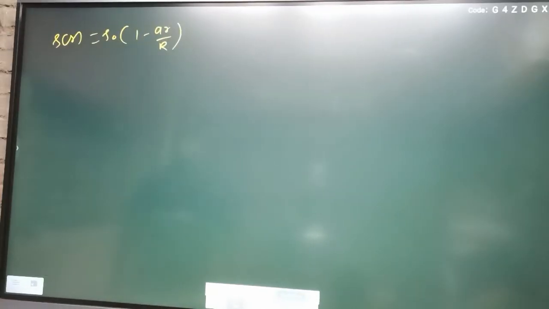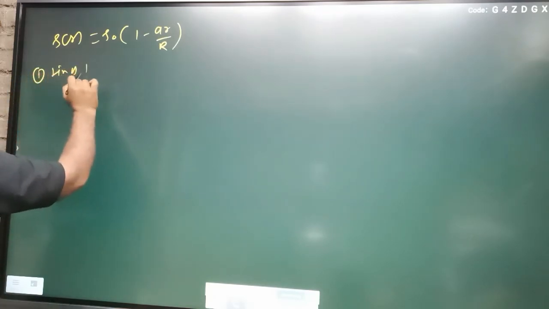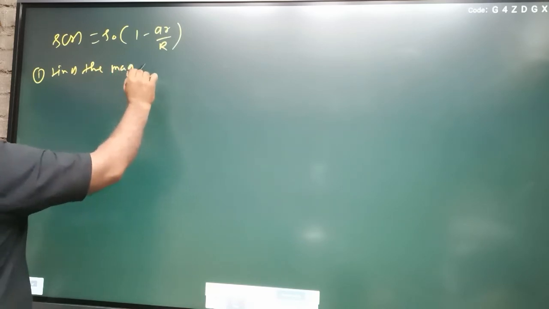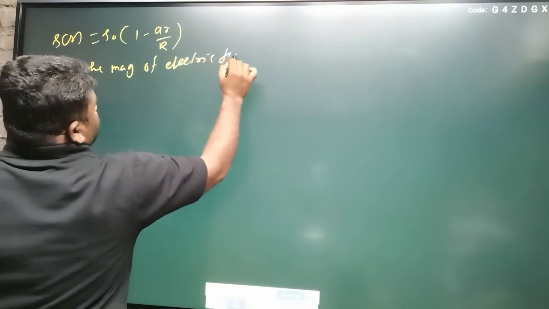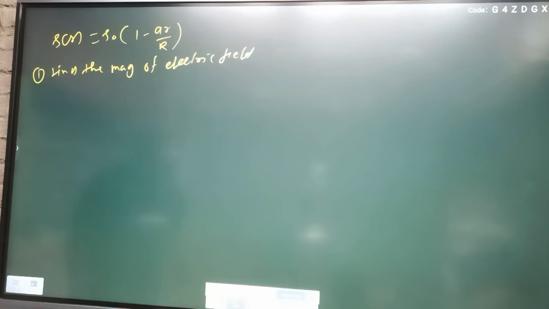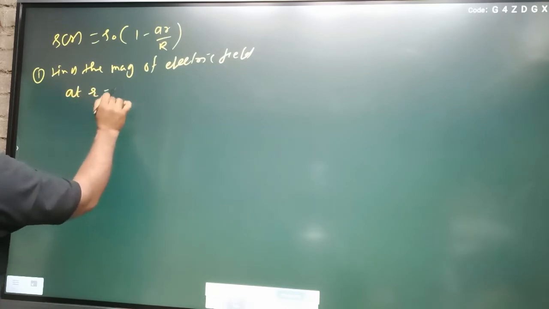Rho is equal to rho naught, 1 minus r upon R. Okay. Find the magnitude of electric field. Number 1. Find the magnitude of electric field at small r is equal to how much?